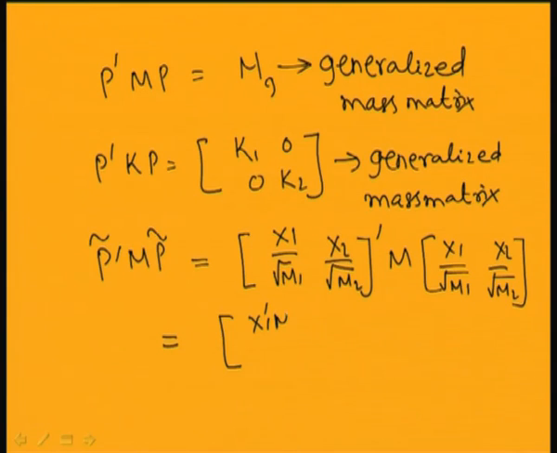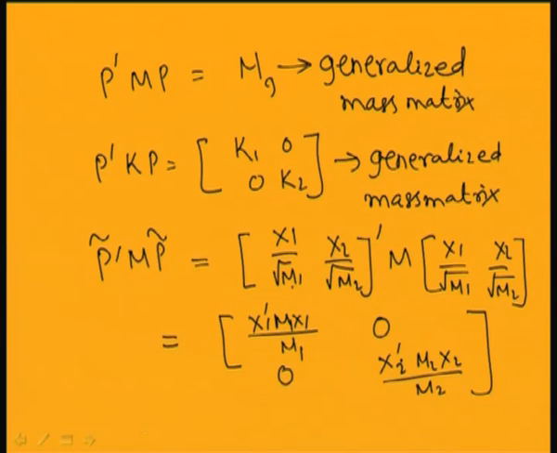x1 transpose M x1 by root over m1, this is m1, and similarly you can find the other terms. This is 0 and this is 0, and this is x2 transpose M x2 by m2.